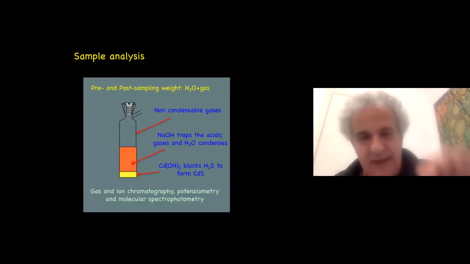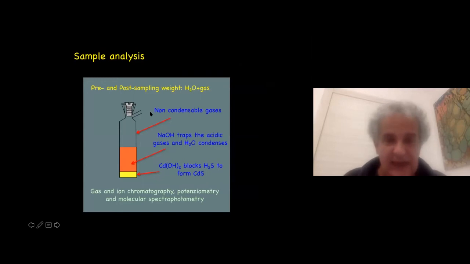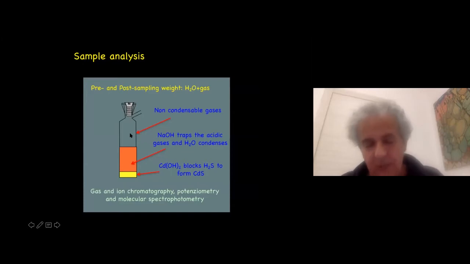The point is inside the gas vial when you go back to the lab. Because in the gas vial, you have the uncondensable gases that are occupying the headspace, so the noble gases and hydrocarbons and so forth.